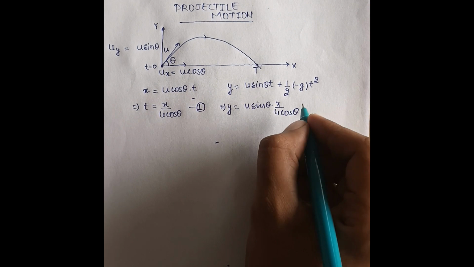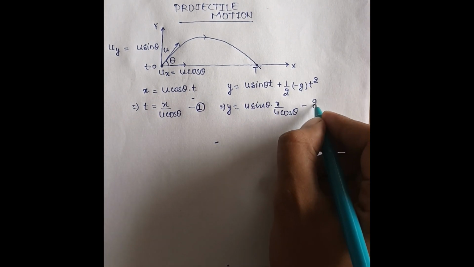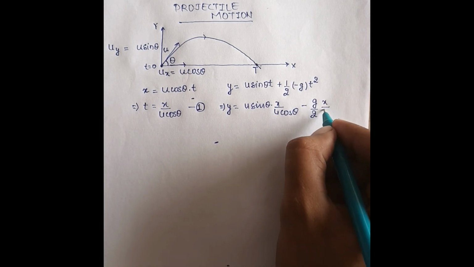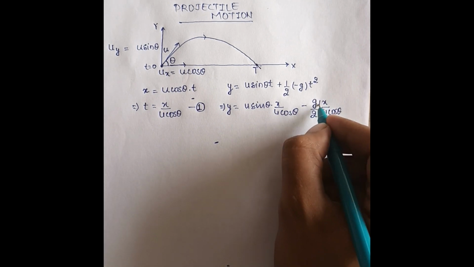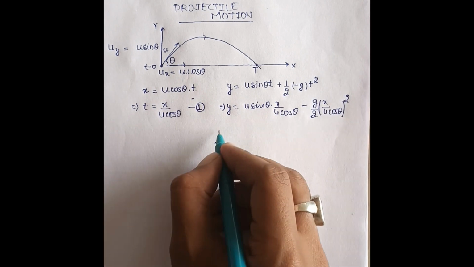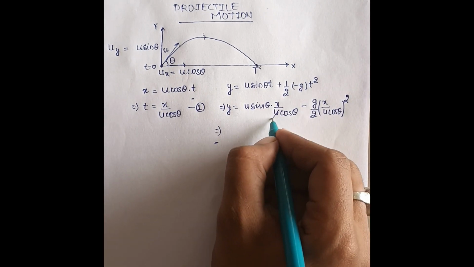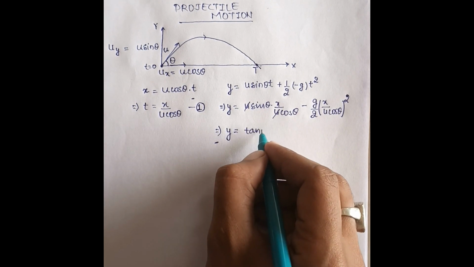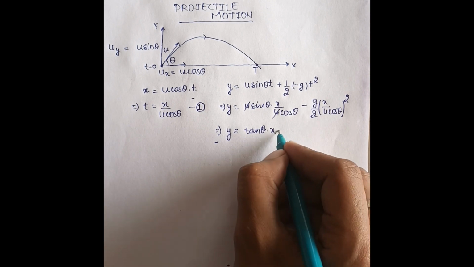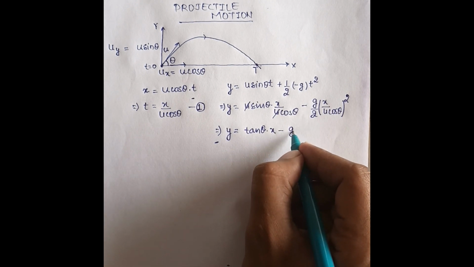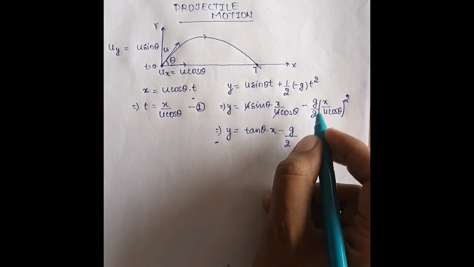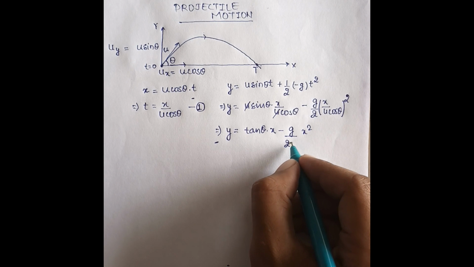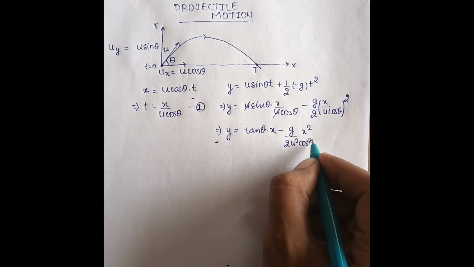And here plus minus becomes minus of g upon 2, and the value of t is x upon u cos theta, whole square. Clear? So similarly we can see that u and u get cancelled. So y equals sin upon cos, that is tan theta, multiplied by x, minus g upon 2, x square upon u cos theta whole square, which can be written as u square cos square theta.